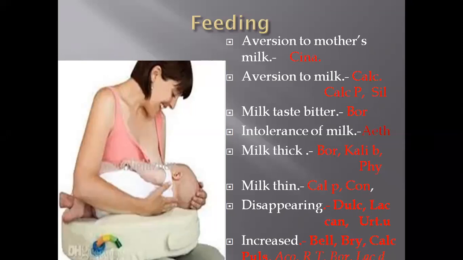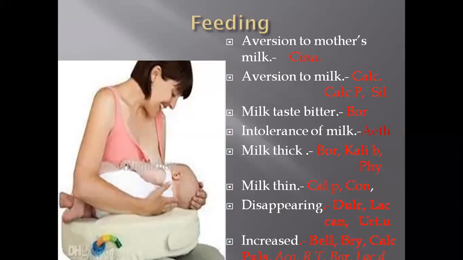While preparing the slide, I forgot the other 2 medicines' names, that is Asafoetida and Agnus castus. These are the most important remedies for loss of milk or lack of milk or disappearing of milk in the mother's breast.